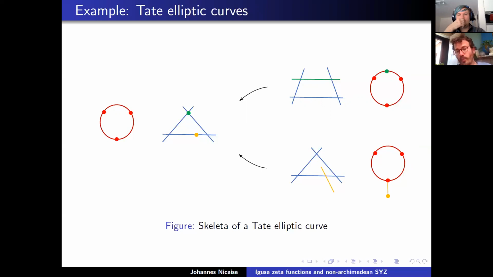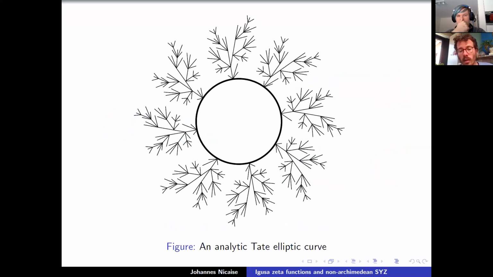So now we take a projective limit over all such point blowups. And if you pass to the projective limit, the picture that appears is this one. That's the analytification of the Tate elliptic curve. In the center, you see the circle that we started from. In fact, this is exactly the locus where the weight function is minimal in this case.